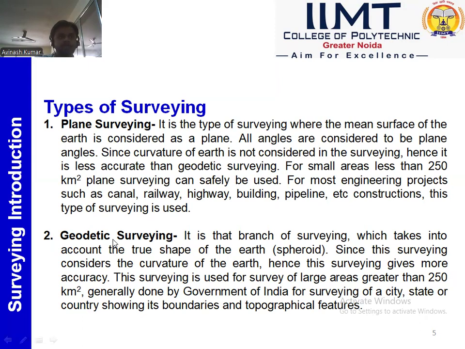So that is geodetic surveying, when we consider the curvature of the Earth. Geodetic surveying is done for large areas, like surveying of a city, state, or country. And plane surveying is done for smaller areas, like city planning or surveying of an organization.